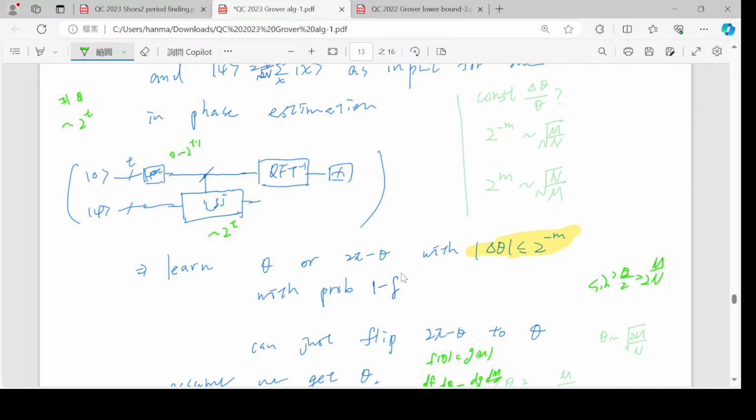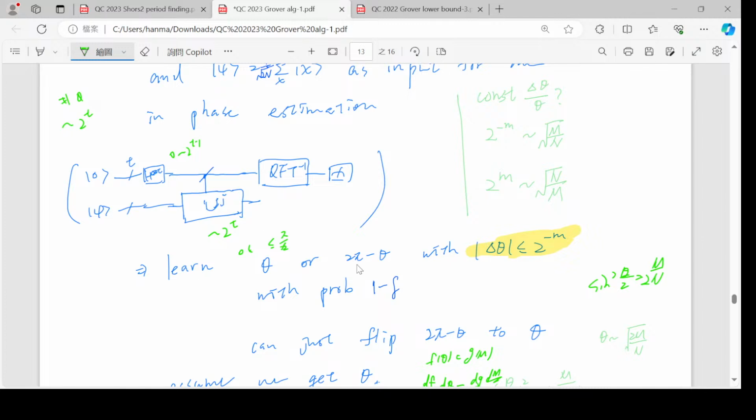And because theta is going to be less than pi over 2, it's very obvious. Theta is something between 0 and pi over 2, so it's going to look very different from 2 pi minus theta. So when you get 2 pi minus theta, you can just flip it to theta.